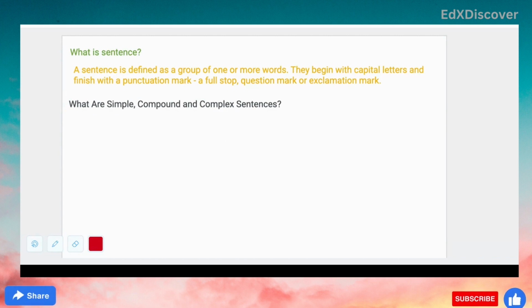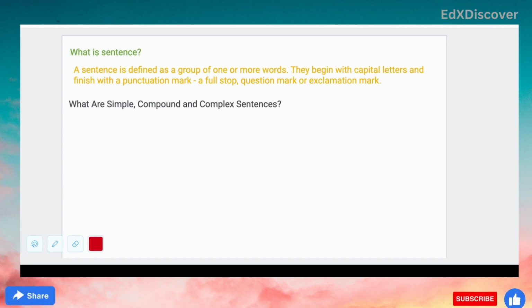It is necessary that we use these three types of sentences whenever you're writing essays or whatever things that you're writing. Okay? So these three categories are simple, compound, and complex.